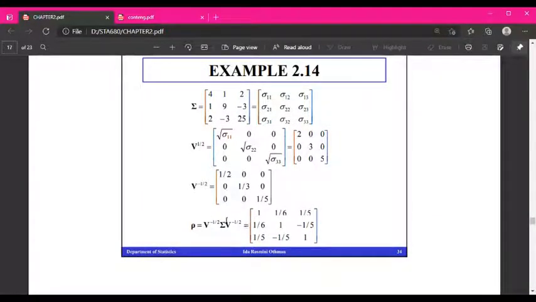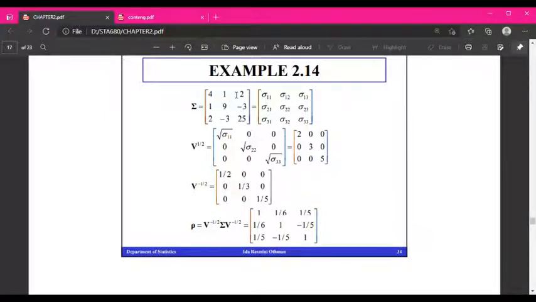Okay, kita tengok contoh ni. Okay, so here variance covariance matrix is given. So from here kita tahu dia punya diagonal dekat sini adalah value variance, betul? Variance for the first variable is 4, variance second variable is 9, variance of the third variable is 25. Dan entry yang lain ni adalah covariance between the two variables.